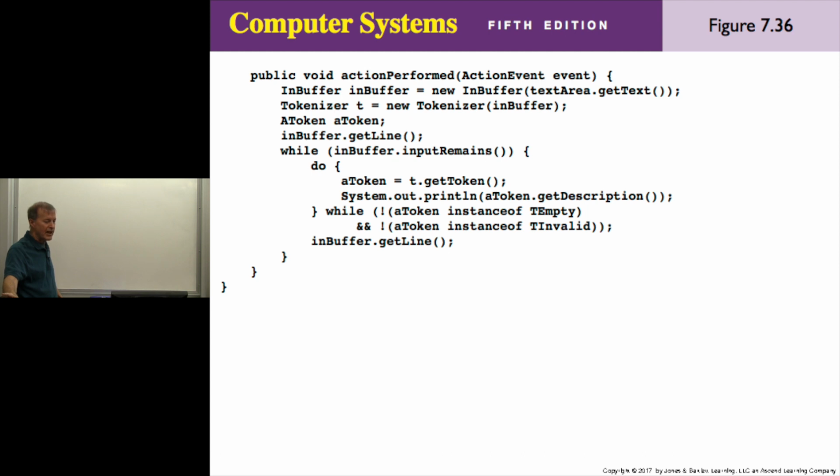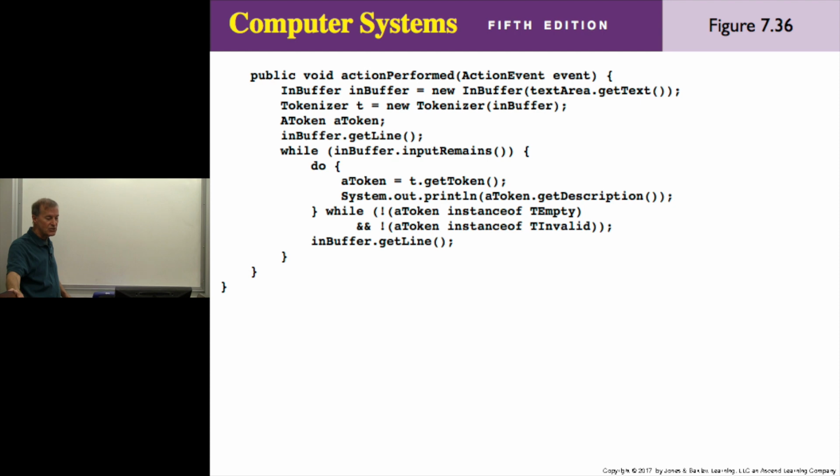First one is what's this deal with the input buffer? How does that work? In action performed, we have a little local variable, and that first variable, what is its type? Capital I in buffer, right? And then the object itself is lowercase i in buffer. And what does it get?